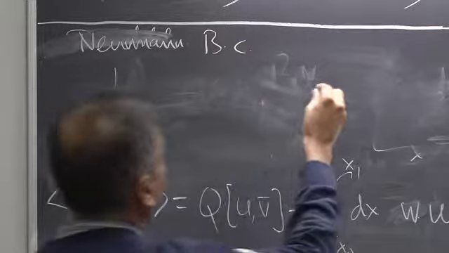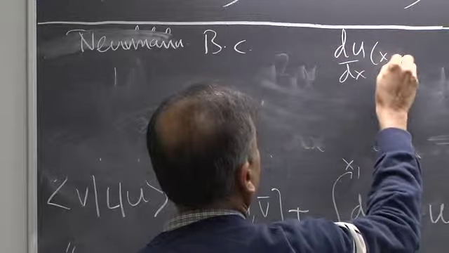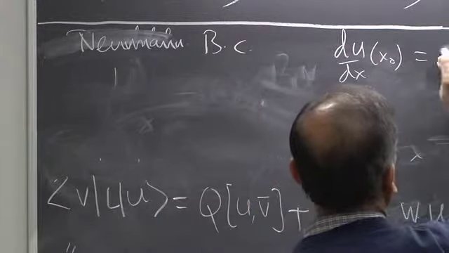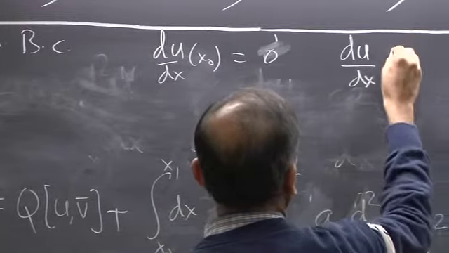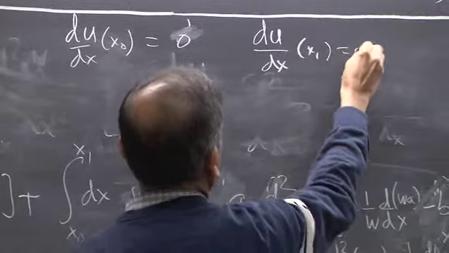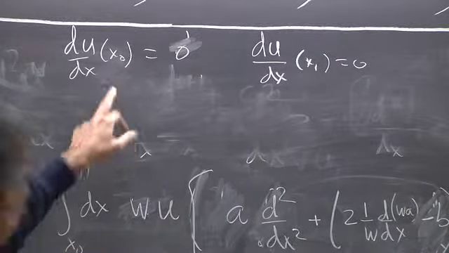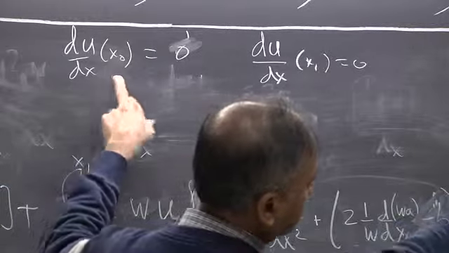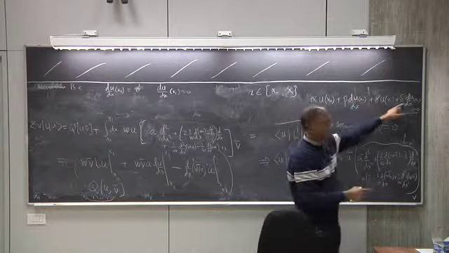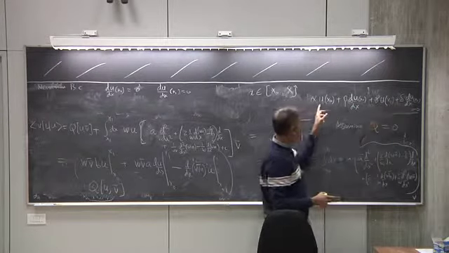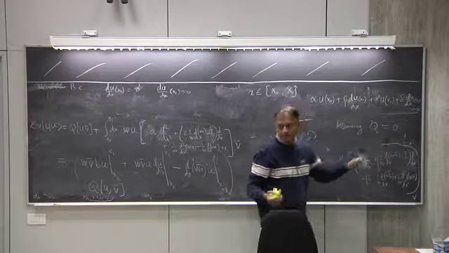What is the Neumann boundary condition? It is simply du/dx at x0 equal to 0 and du/dx at x1 equal to 0. Very simple. That just corresponds to choosing, in the first equation, alpha equal to gamma equal to delta equal to 0, and in the second equation, alpha prime equal to beta prime equal to gamma prime equal to 0, right?